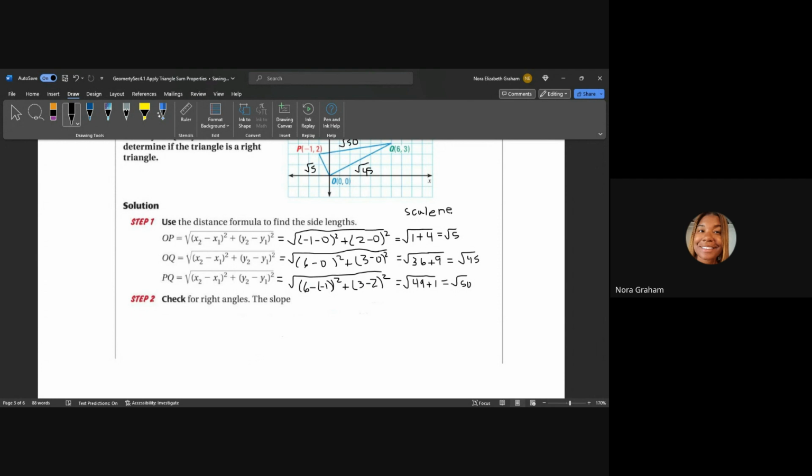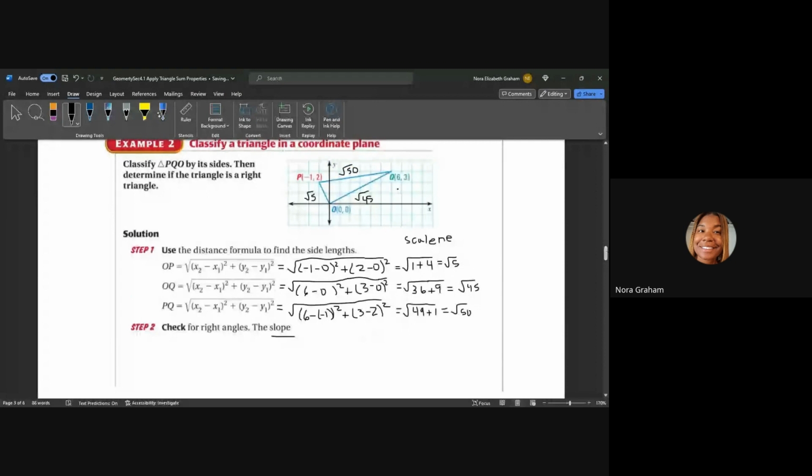Scalene means that none of my sides are equal. They're all different lengths. Now we have to see if this triangle has a right angle. Now remember, right angles are perpendicular, all right? So we can use the slope to see if they have a right angle. Because if I have opposite reciprocal slopes of two of my lines, that means they're perpendicular, and perpendicular means that I have a right angle, okay?